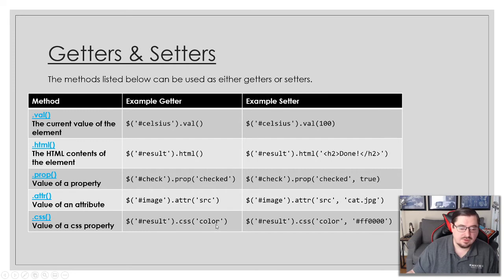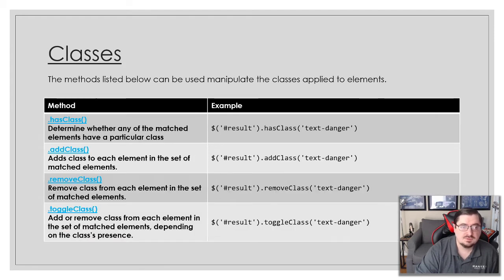So this will get the text color of the result element, and this would set the text color to red. So you can use that to directly change CSS properties, which sometimes can be useful, but you do have to be very wary about it simply because you're doing inline CSS.